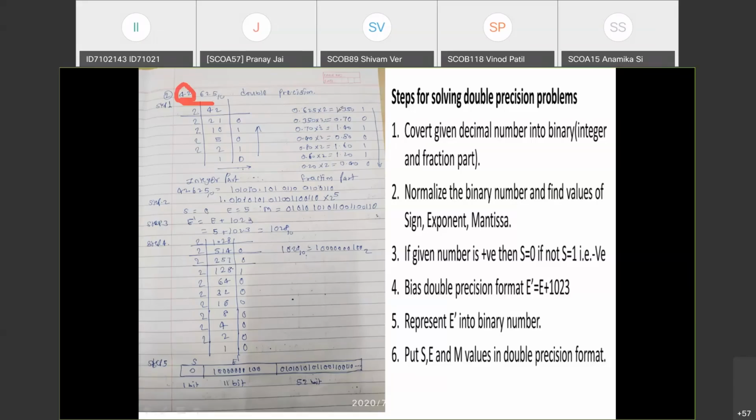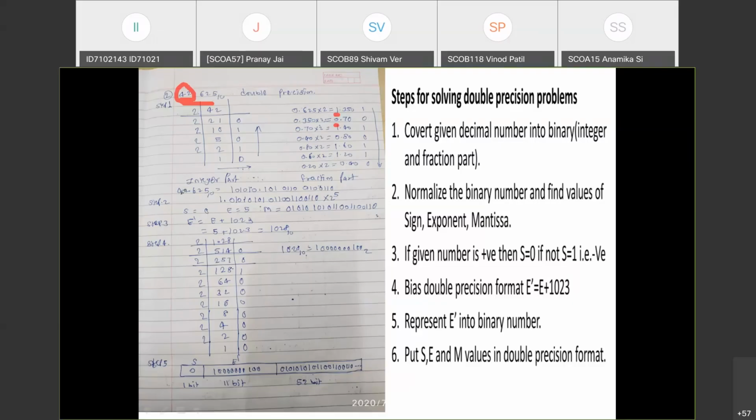After performing these multiplications, whatever integer value is coming in the form of 1 and 0, we have to represent separately. And whenever we write the total answer of the binary of the given decimal number, we have to use the top down approach. That means for the given 0.625, the binary representation is like this, which we can put here.